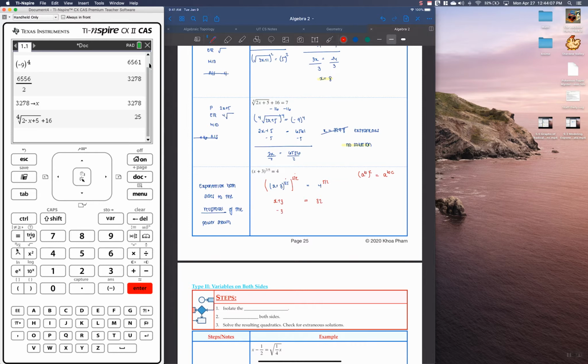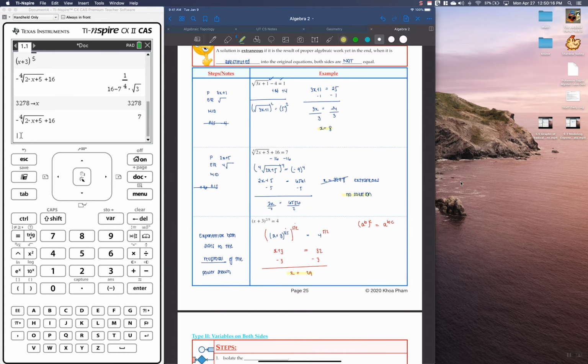You subtract 3 from both sides, and you get x equals 29 as your final answer. So let's just check that one here. 29 is going to be stored into x. And then let's just check that x plus 3 to the 2/5 is equal to 4. It is. And so x equals 29 is our valid answer for that problem there.